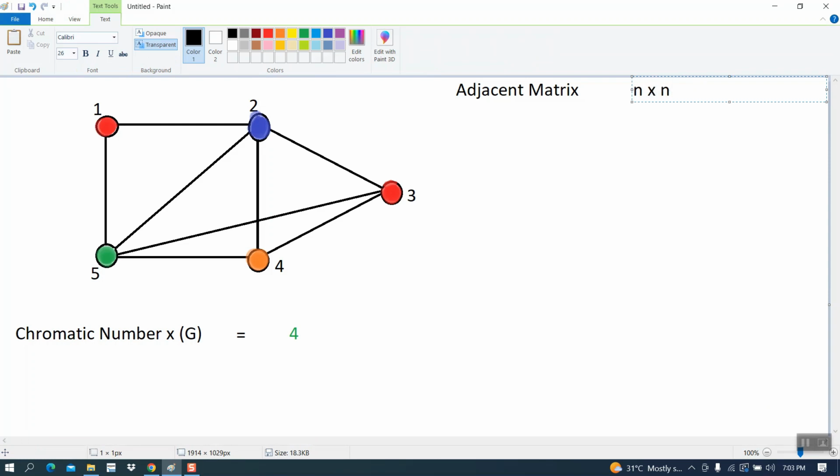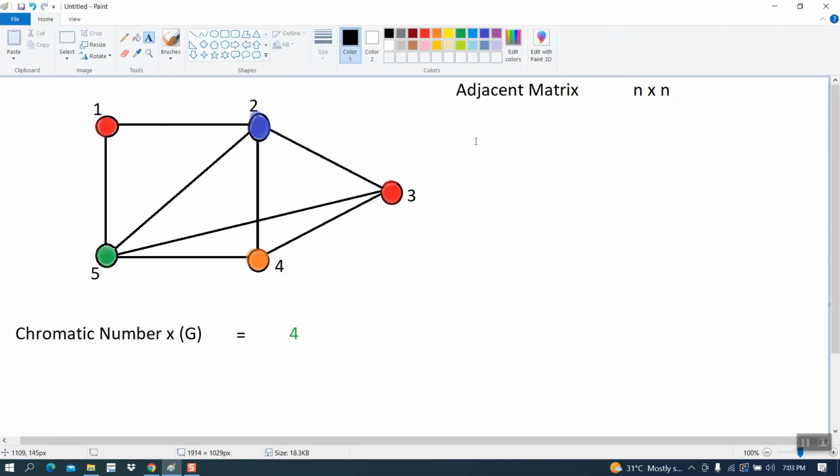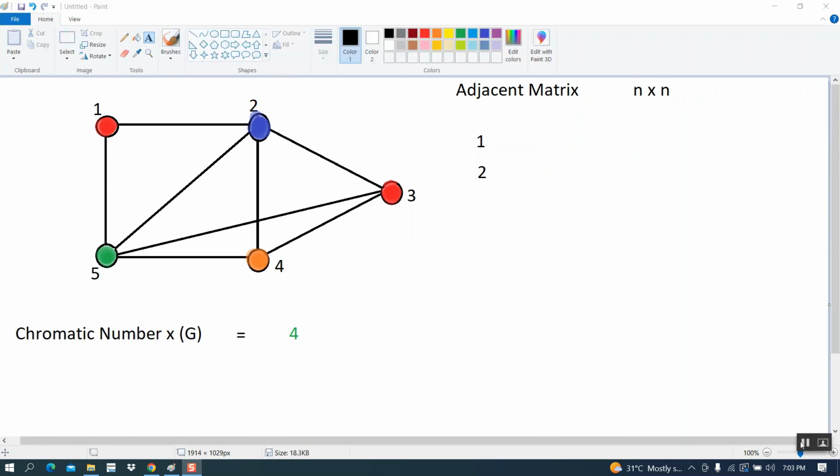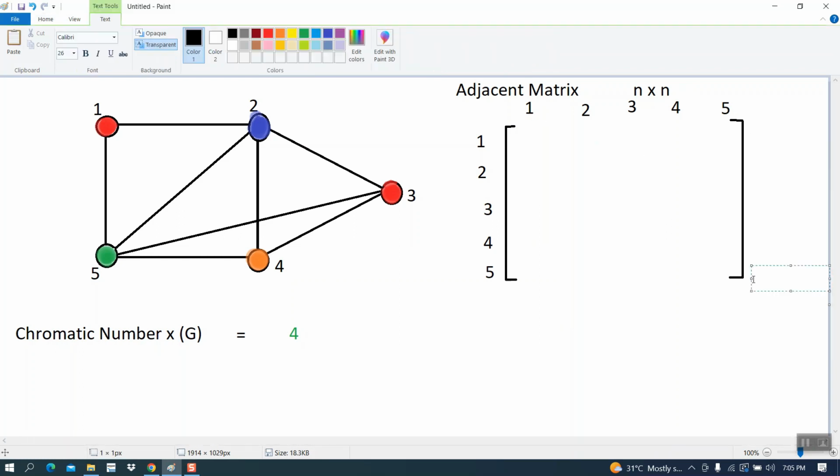Here we have 5 vertices, 1, 2, and here we have 5 rows, and this will be a 5 into 5 matrix.